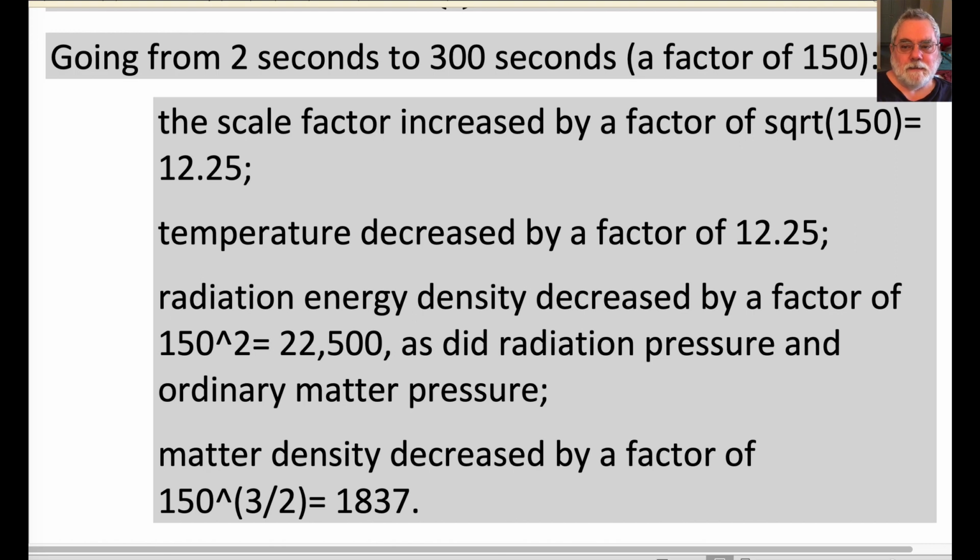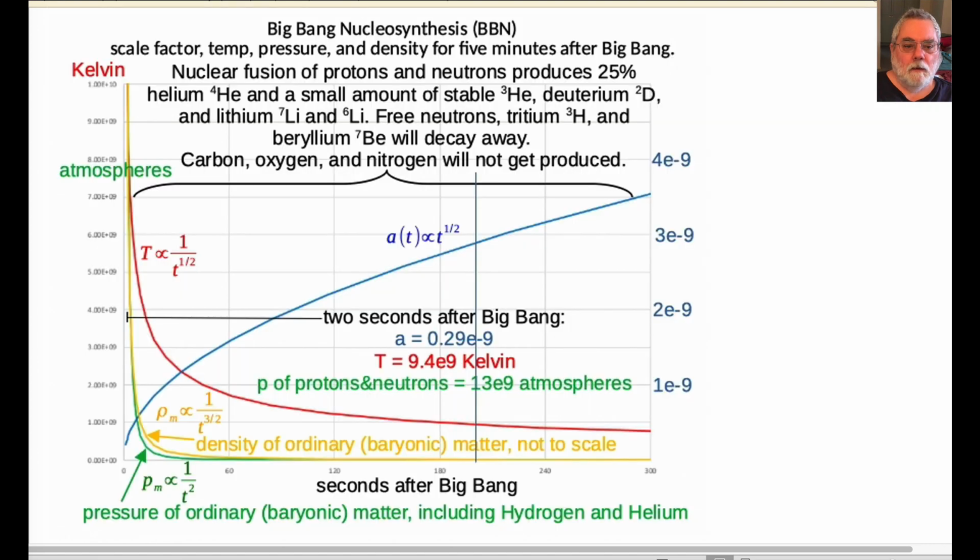Radiation energy density decreased by a factor of 150 squared, or 22,500, as did radiation pressure and ordinary matter pressure. Matter density decreased by a factor of 150 raised to the 3/2 power, or 1837. So a lot was going on rapidly.